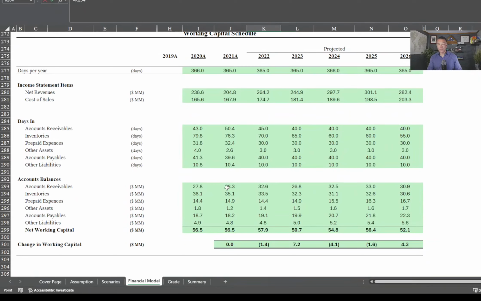It's important when you create the working capital schedule, you go to the balance sheet and you copy cash, right? You take that off and then you copy those four. And what you do is you count days in, 1, 2, 3, 4. You want to line those up with the balance sheet, 1, 2, 3, 4. So what we're going to do here is input our account balances, not the days in.